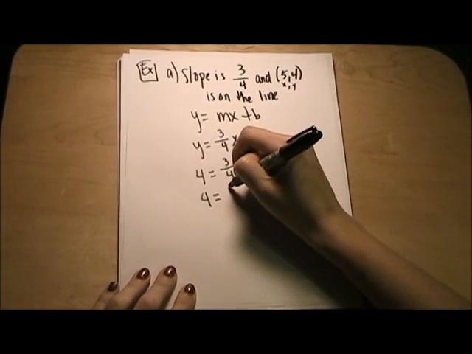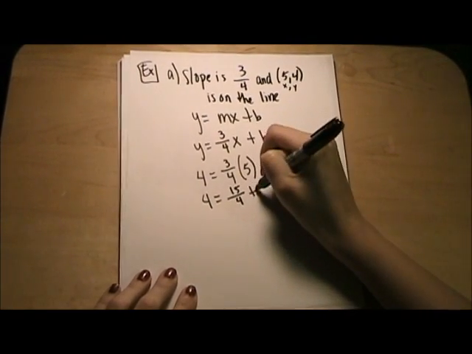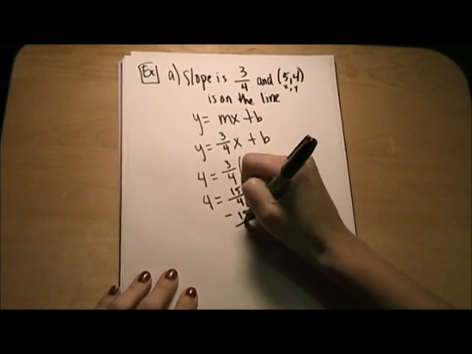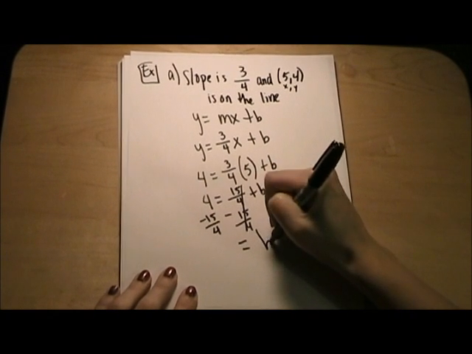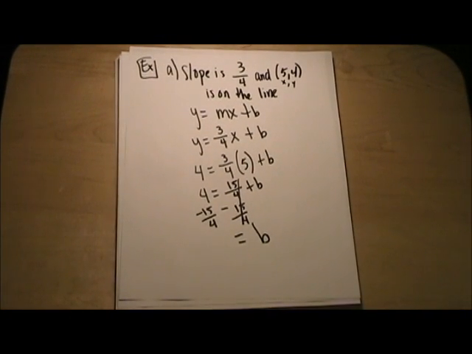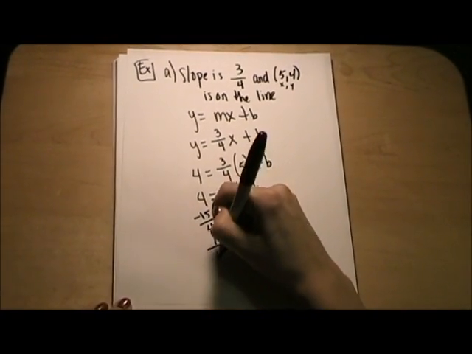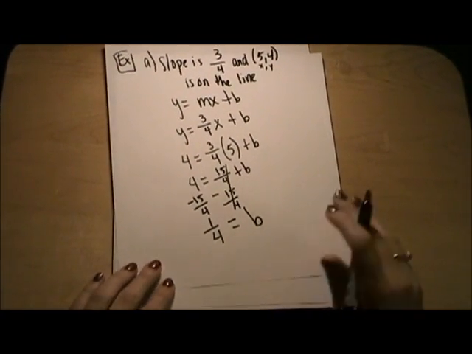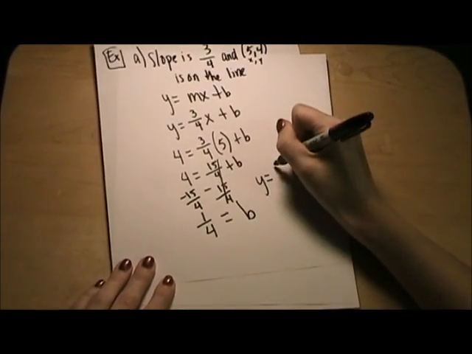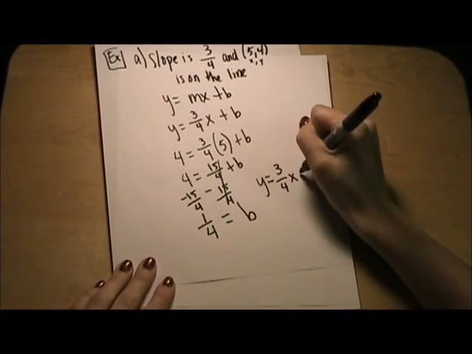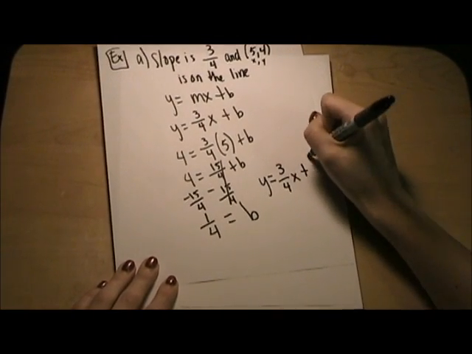So 4 equals 15/4 plus b. Subtract 15/4. These cancel. We get b equals 4 minus 15 divided by 4. We get 1/4. So our equation then becomes y equals 3/4 x plus 1/4.